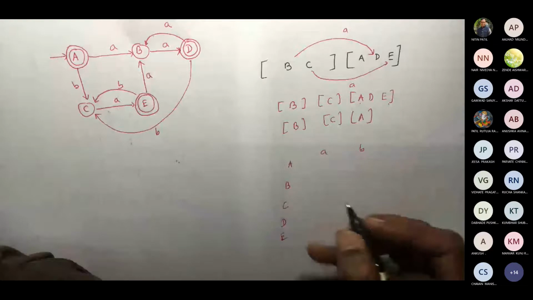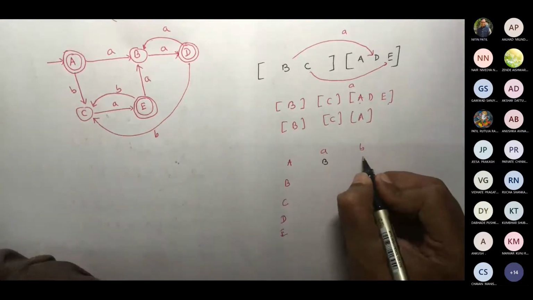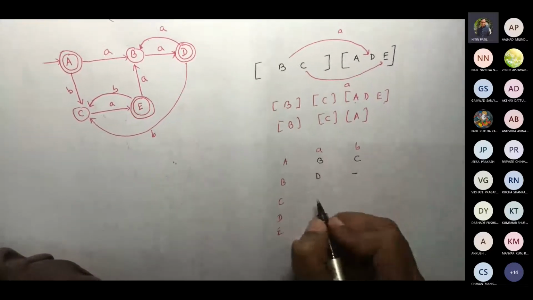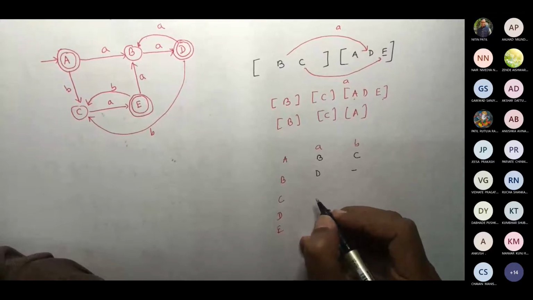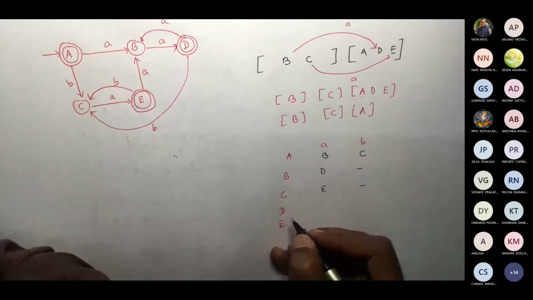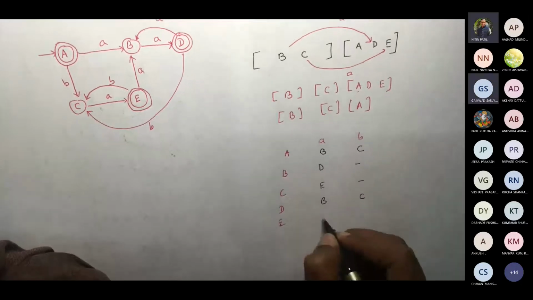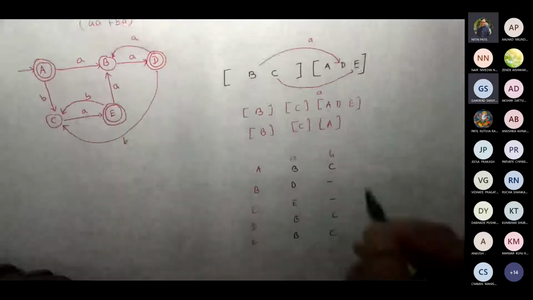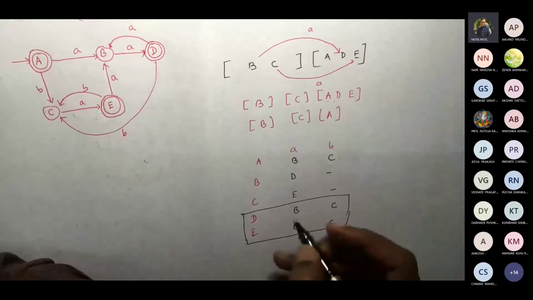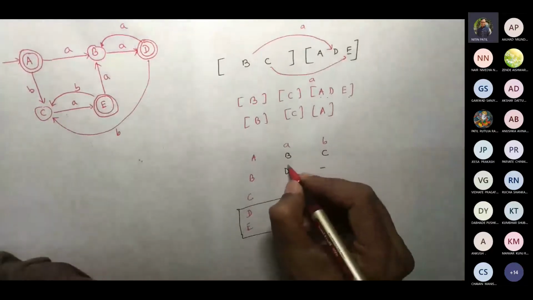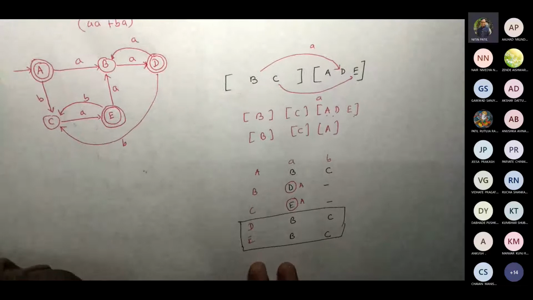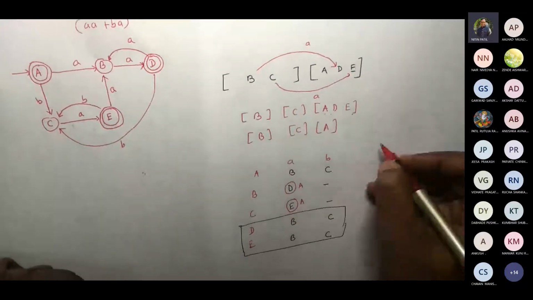For A it is B, C. For B, D and dash. For C, E and dash. For D, B and C. And for E, the same. Now we said we'll remove D and E, and wherever D and E appear, we'll replace them by A. Correct? Am I right?